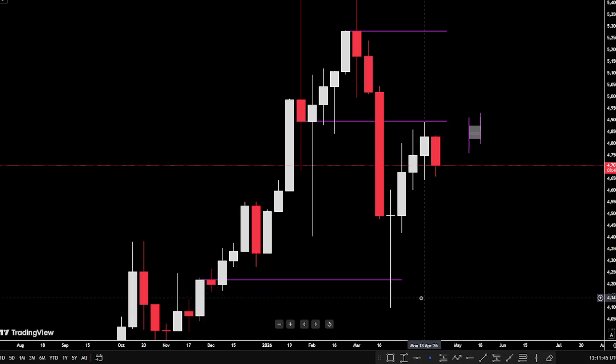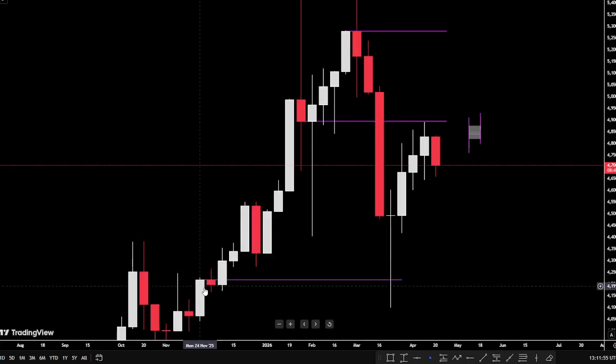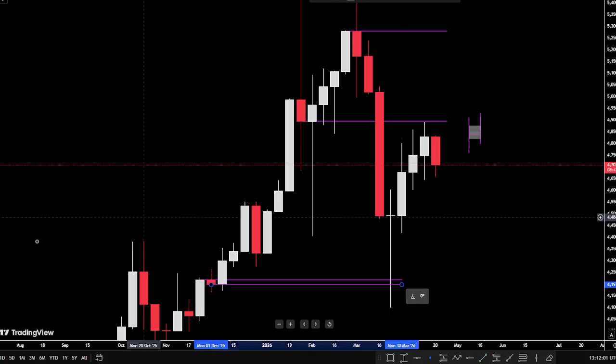All right, now this was the level, that rejection on the monthly from here, that rejection on the monthly. So we saw how, of course, we can also refine these levels to a lower level, but I don't want to draw so much line here, right? And we also take note of the fact that there's a fair value gap here, right? There's a fair value gap here.